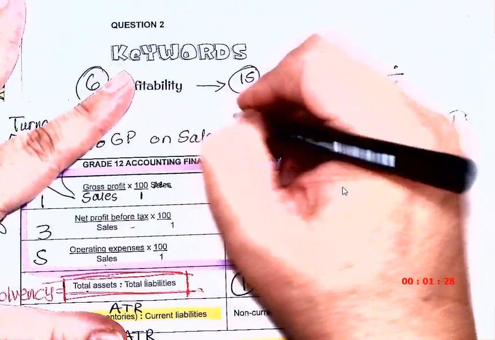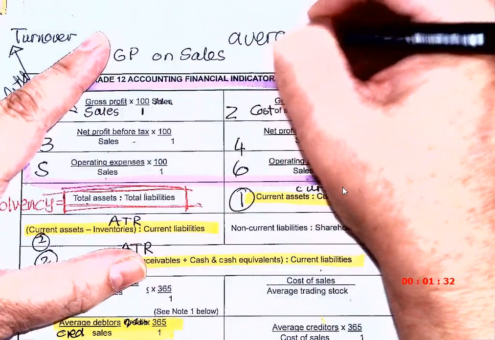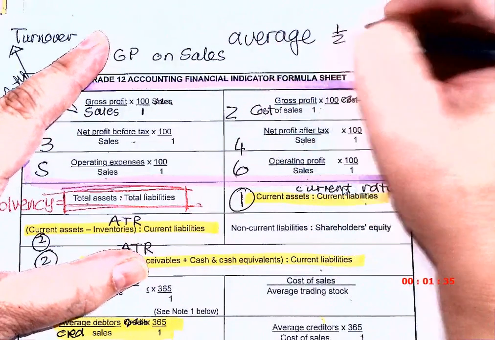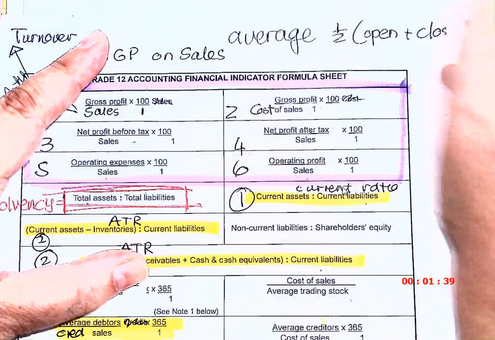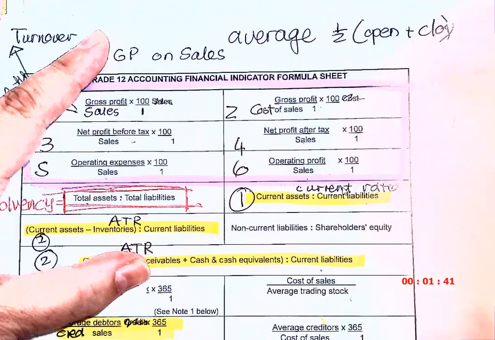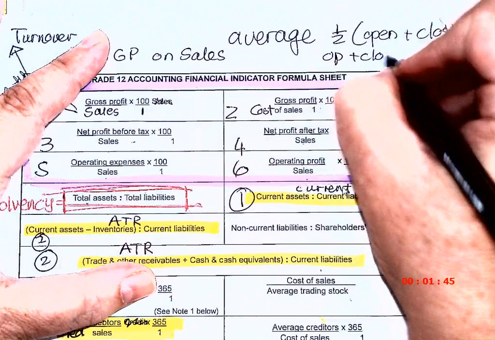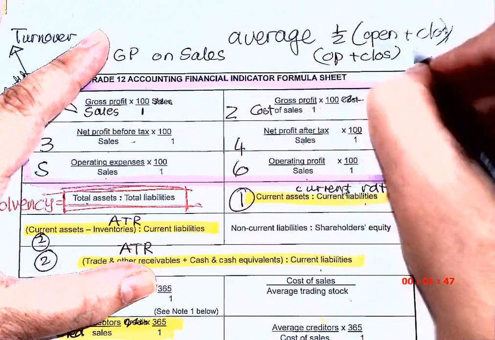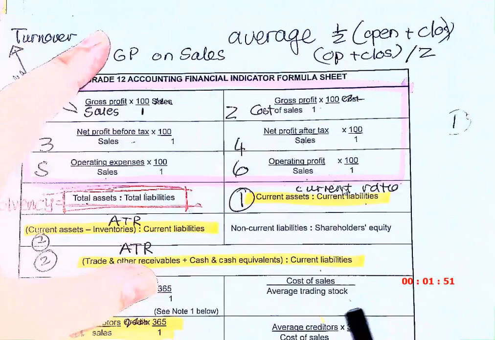The moment you see the word average, let me not confuse you, then it's half opening plus closing. Or you can write it opening plus closing, divided by 2. Okay, so that's what average means.